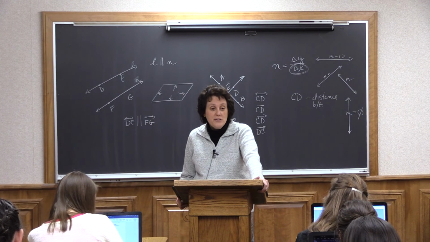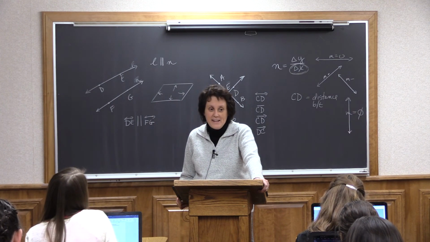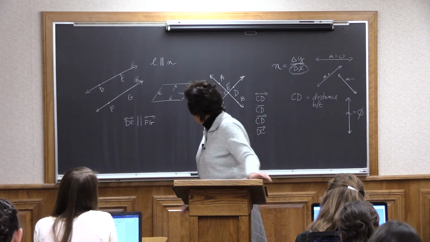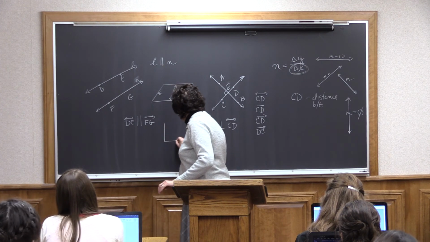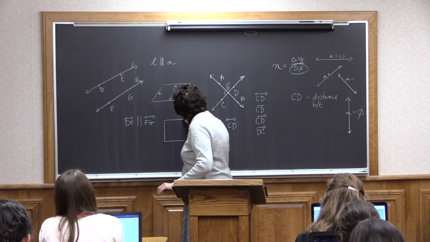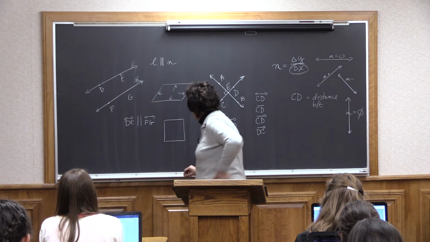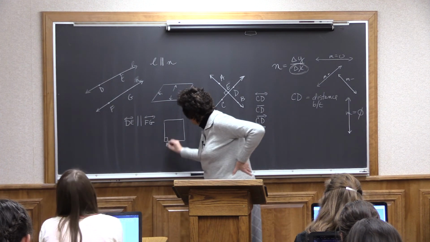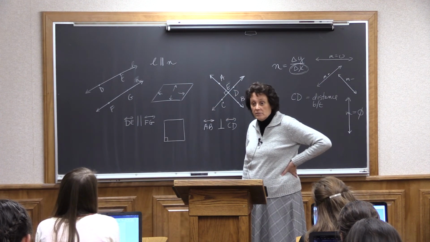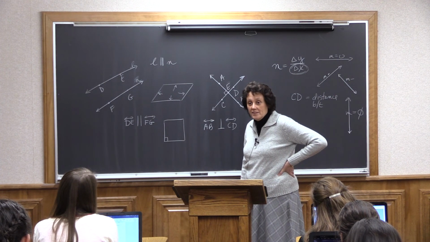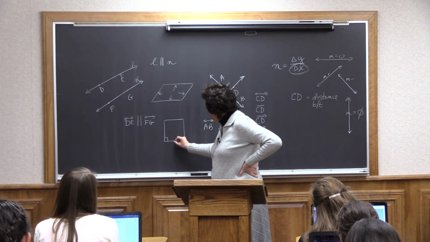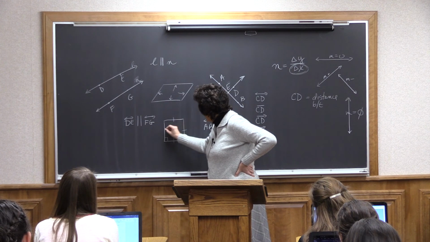Okay? How can I tell you that it's a square? I can say square ABCD, or I can do this. Remember how things are denoted? If I want to tell you that it's a square, I have to tell you that it's perpendicular. What else do I need to tell you? That all the sides are equal.